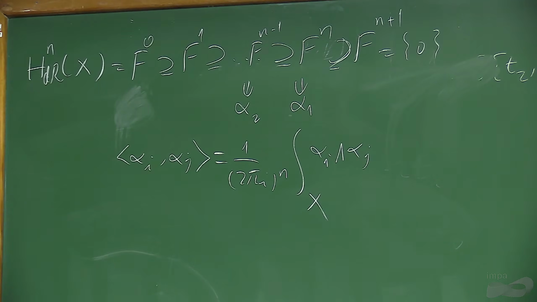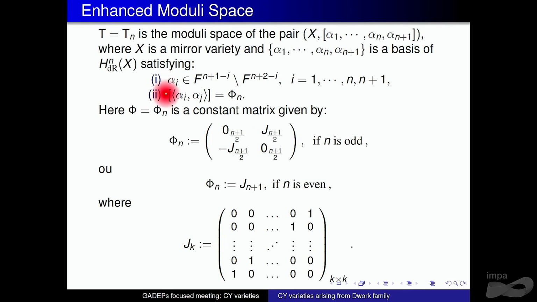So our basis needs to satisfy these two conditions, and phi n is this constant matrix if n is odd, and it is exactly this one if n is even, because it is minus 1 power n symmetric.